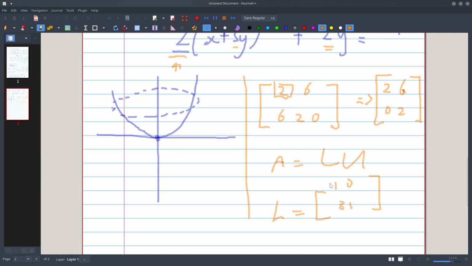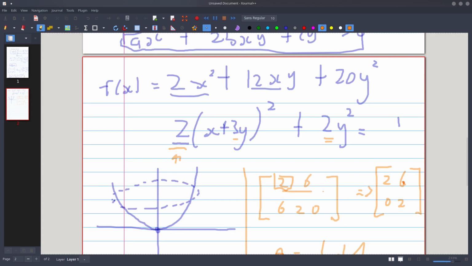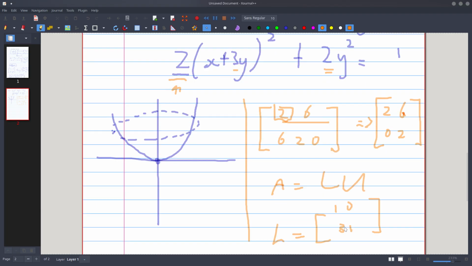If you left multiply in terms of row operations, you recompute the first row, and then 3 of the first row, so you would get the 18 here, and then you put that back in there.